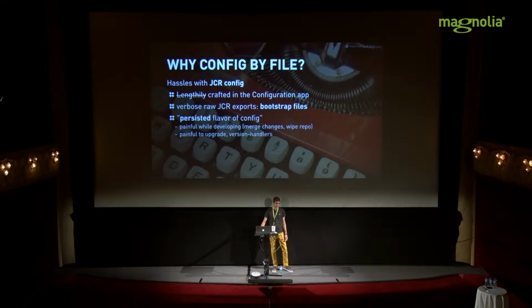And in the end, it's a persisted flavor of config, which is a little bit painful while developing, because sometimes you have to wipe your repo to make sure that your changes still reflect the current state of work, or you have some merge issues if you're working with colleagues, and it's also a little bit painful to upgrade, and that's why we had those version handlers. So your code and config have a chance to get out of sync.